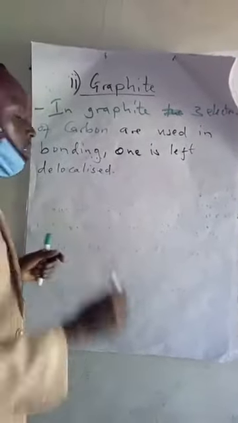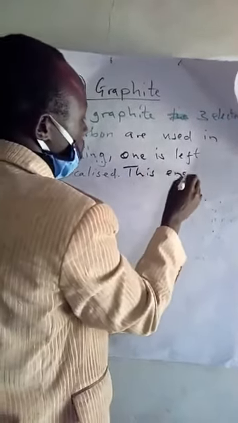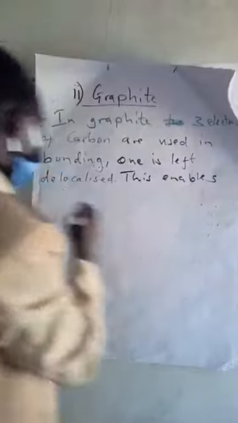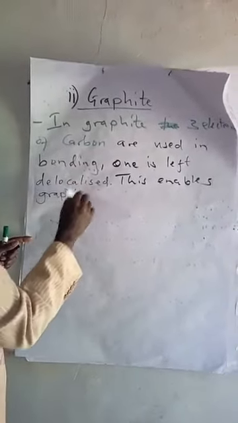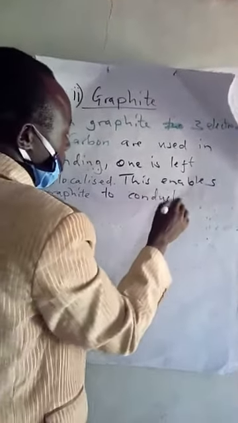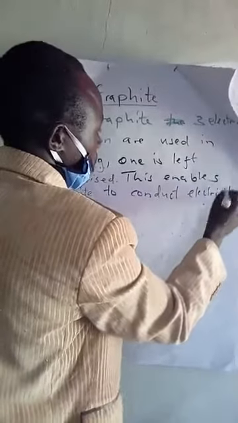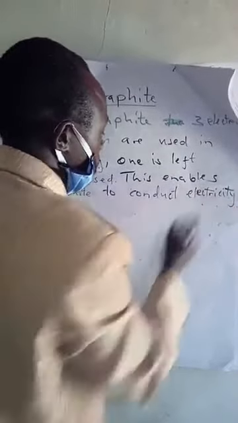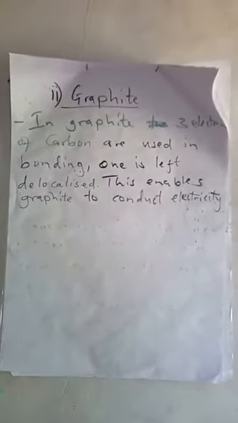this enables graphite to conduct electricity. So graphite is a good conductor of electricity.